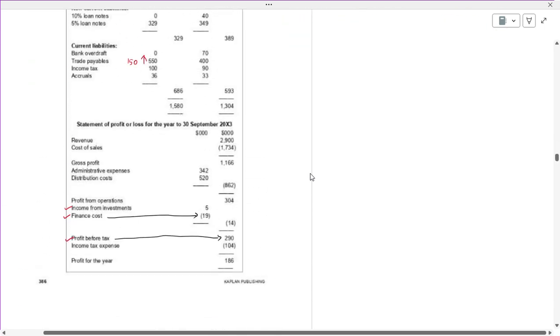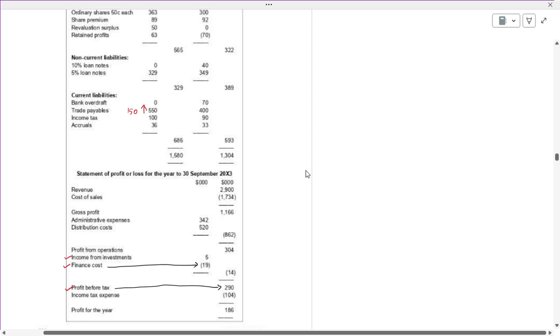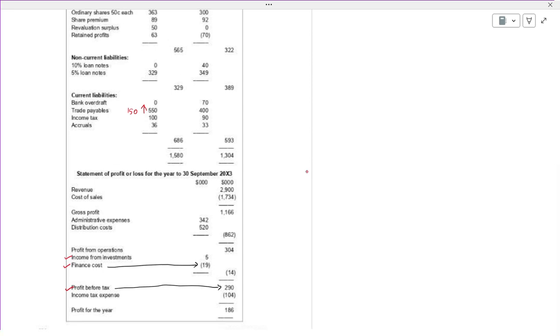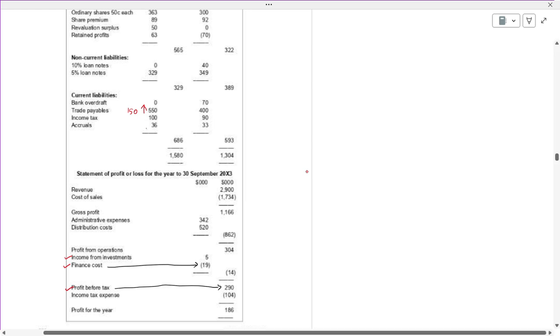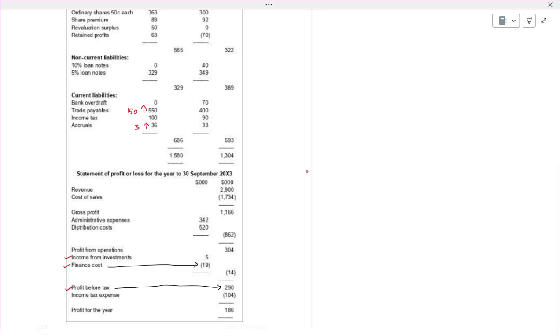Next, you have accruals. We'll take income tax separately. Accruals, is it increasing or decreasing? Increase by 3. What happens to cash? Increase. One minute.